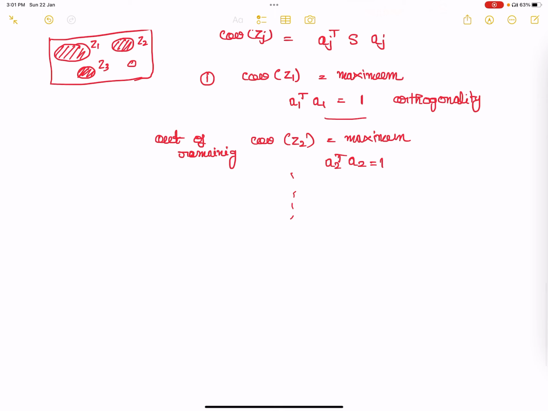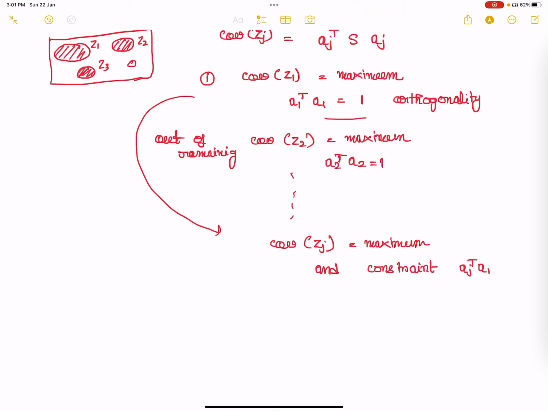Now, to understand this condition of maximum, let us consider that the covariance of Zj needs to be maximized, and a constraint is also there. That is, Aj transpose Aj should be equal to 1. This is for the jth vector we are talking about.